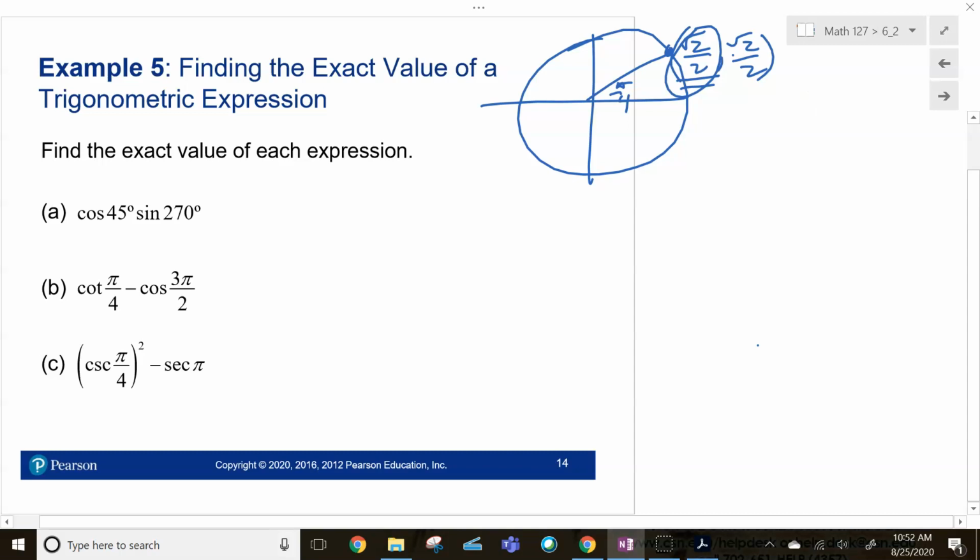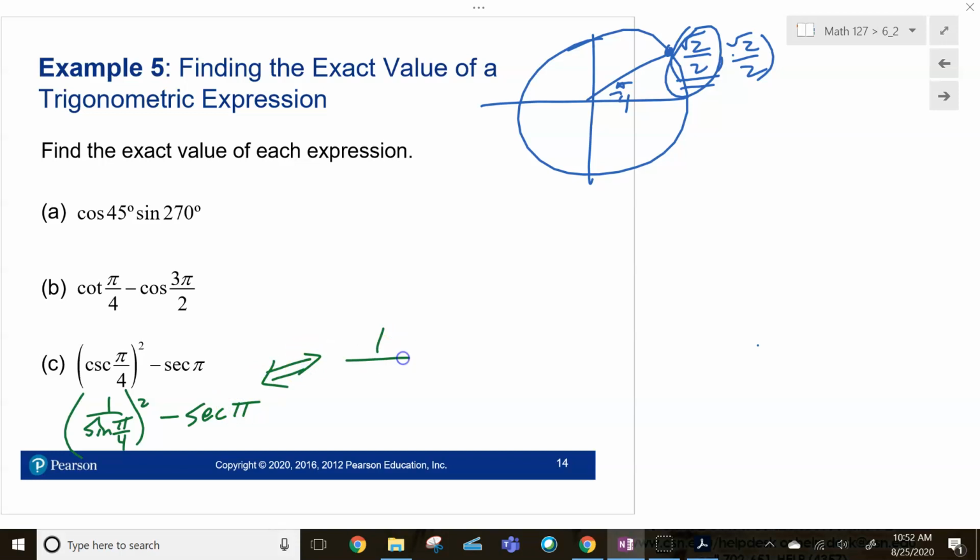Well, we know the cosecant is 1 over sine pi fourths, and then we're going to take that value, square it, and then we're going to subtract secant pi. So I know the sine of pi fourths. The sine is the y value, so root 2 over 2. Once we simplify that, we will square it, and then we'll subtract the secant of pi.